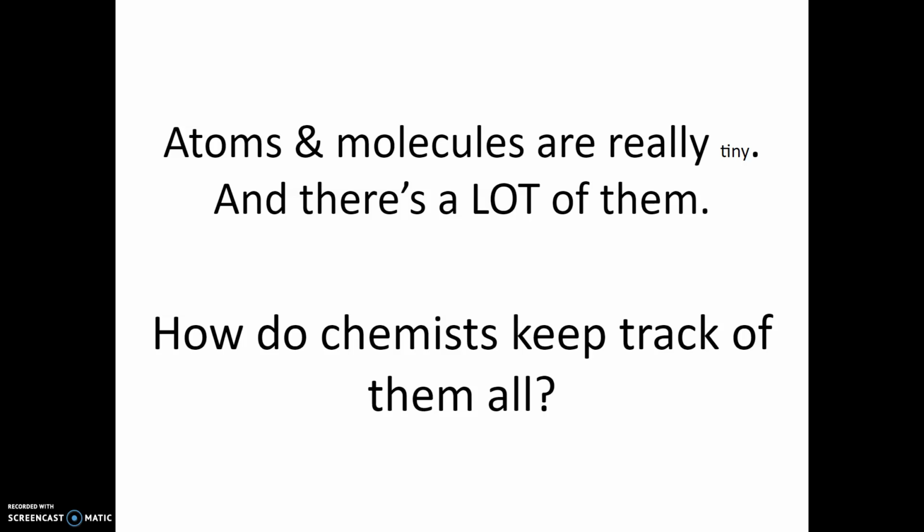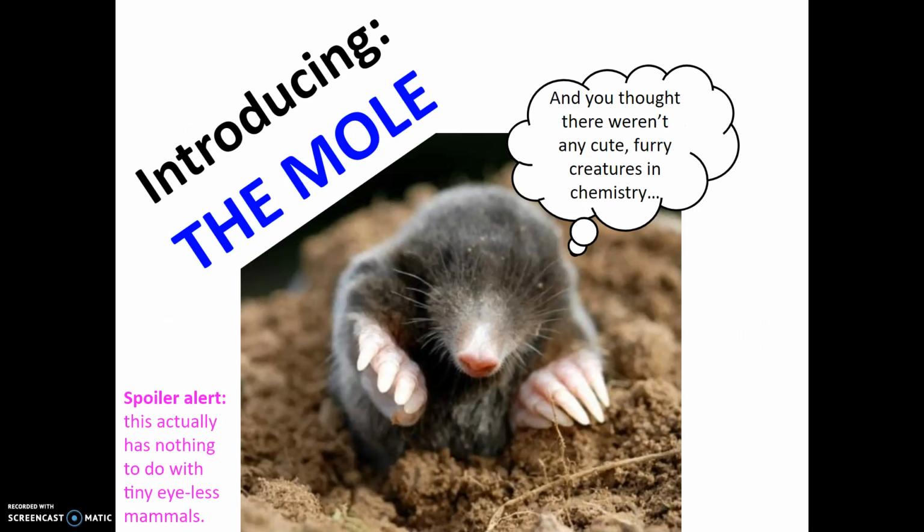And so we really need to think about how chemists keep track of them all. So this is the mole, and it actually has nothing to do with the tiny eyeless mammals, and we'll talk about where this name comes from a little bit later.